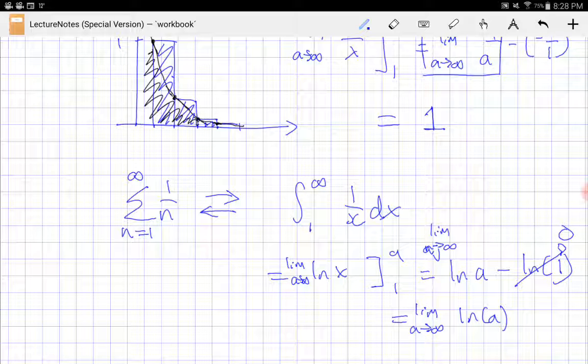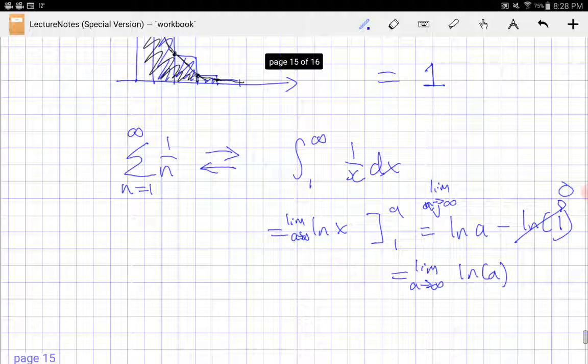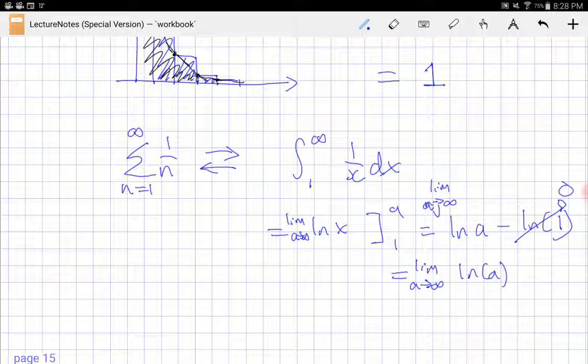And regardless of how slowly ln a is increasing, ln a does indeed grow unbounded, which means that this is a diverging integral. So this improper integral does diverge, which means we know that our series also diverges.